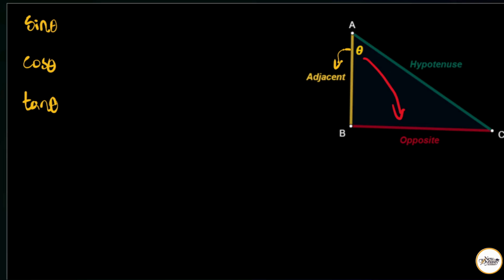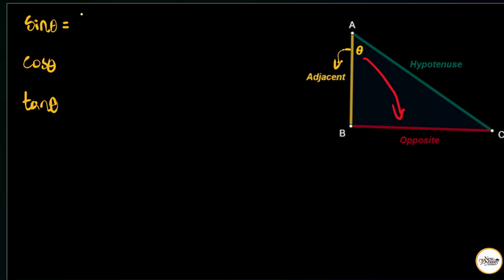Now let us go on and define our three main trigonometric ratios using this triangle now. So with our theta in this case, we're going to use the vertices of the sides to define our trig ratios. The opposite side is side BC.